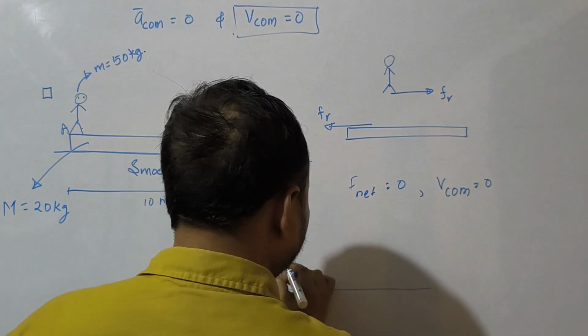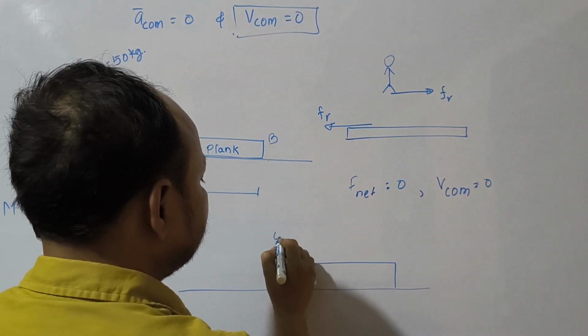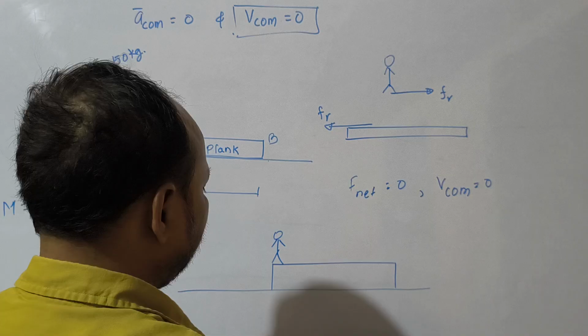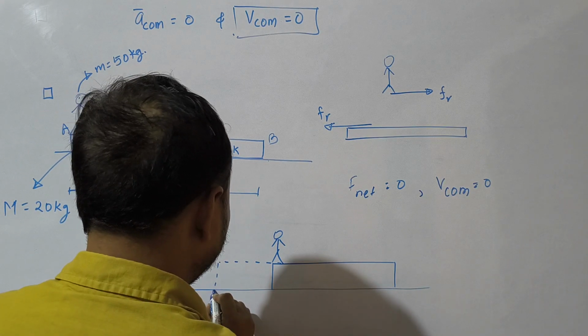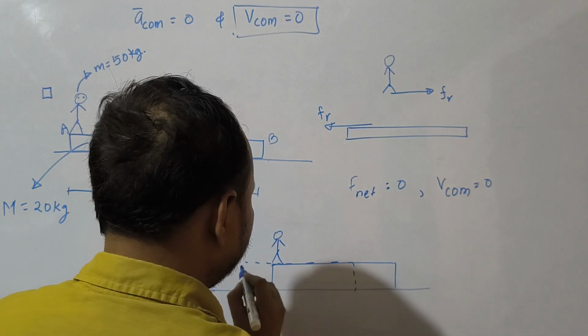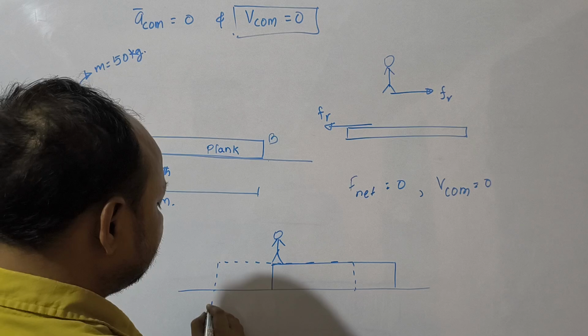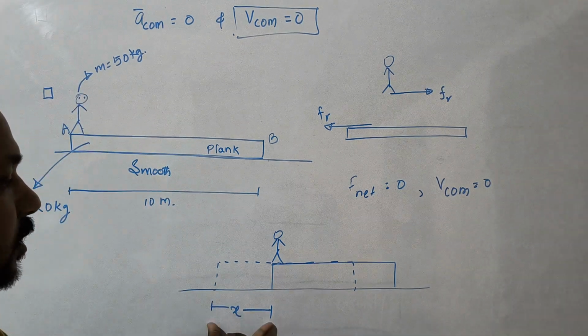This was the initial situation, and the man has started walking from A to B, and let's say the plank has shifted a distance x. Let's say this distance is x.